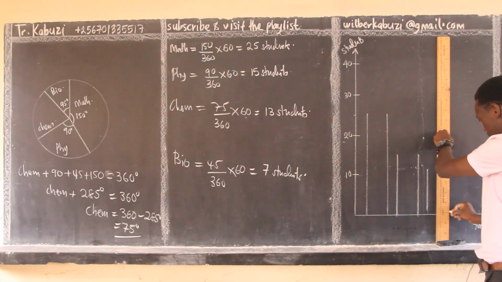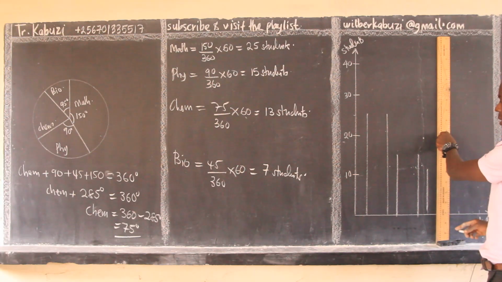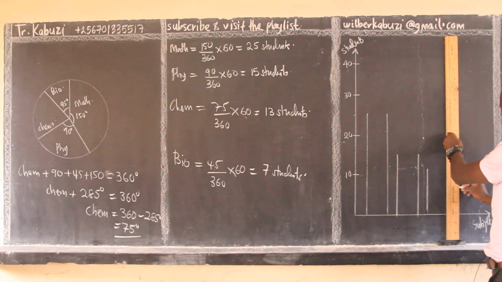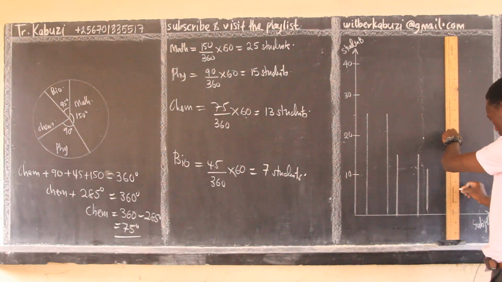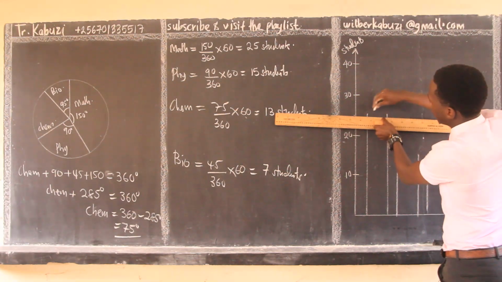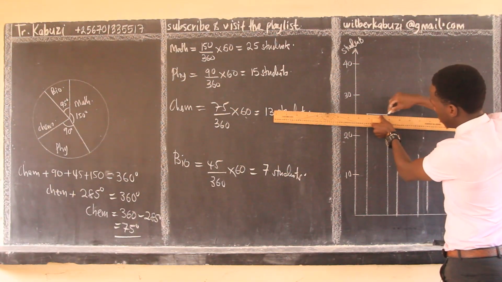My bar graph is the display. Then I come to the 7, around there. So somewhere there. Then I just shade the top part.